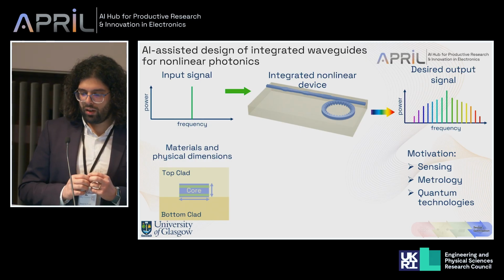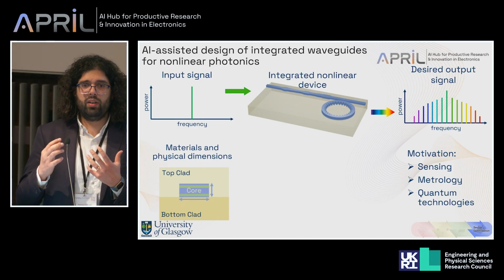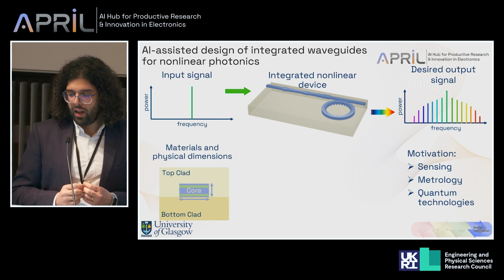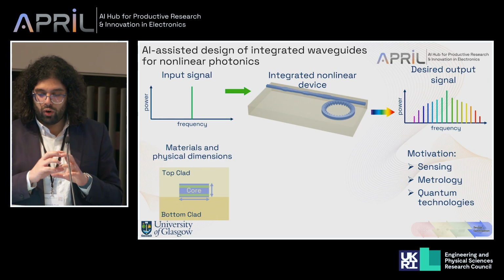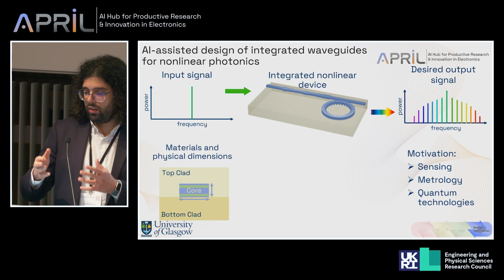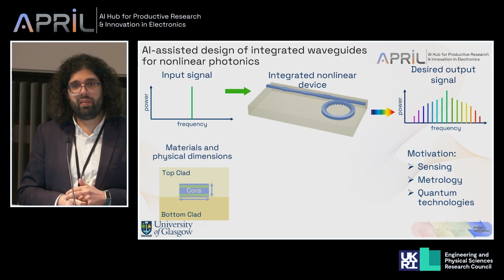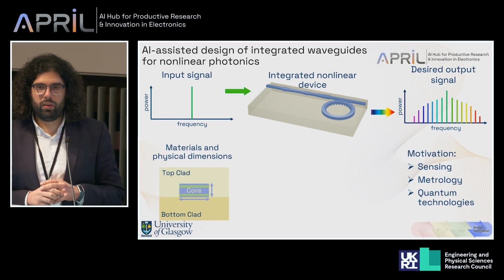So for instance, we start with the material involved, but also the physical dimensions, such as the cross-sections of our waveguides. But it's not limited to this, because we could also have a non-uniform cross-section along the waveguide path, as well as the presence of resonating structures, which are needed for these nonlinear devices. So you can see that the parameter space just blows up quite fast.